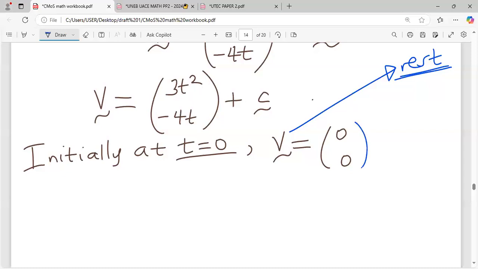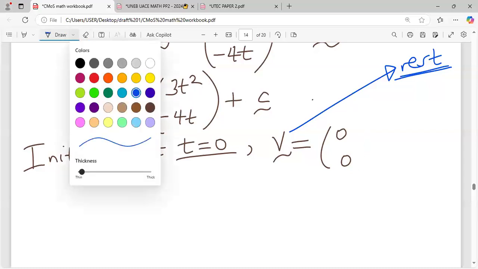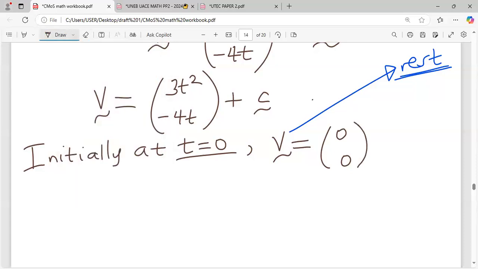Why am I calling the time t equal to 0? Because we had not yet actually started counting. It was just there at rest. That's why they are saying at the start. So that means initially t is 0 and also our v is 0, 0.